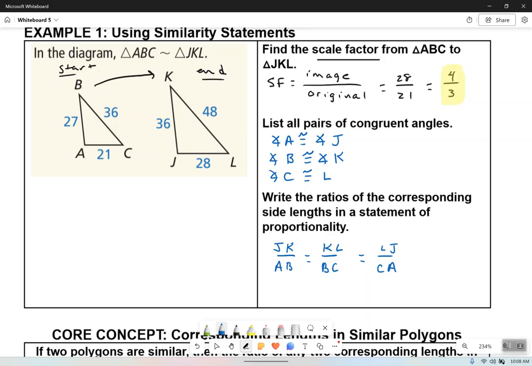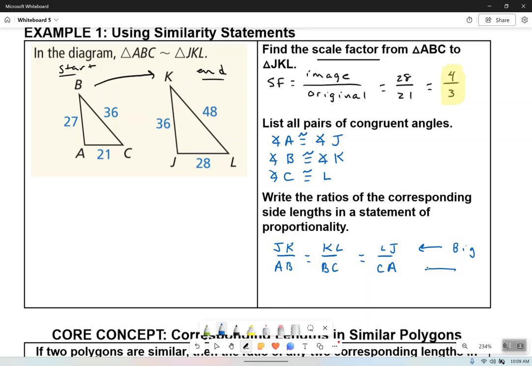Guys, I know I went quickly through that, but does that make sense? Now, if I would have switched this around, what if I would have had AB up top and JK on the bottom? Then what would I have to do with these other two ratios right here? Flip them, okay? So make sure whatever triangle you start with, if the first triangle was the big one that you started with, aren't all these distances that I listed right up top here from the big triangle?